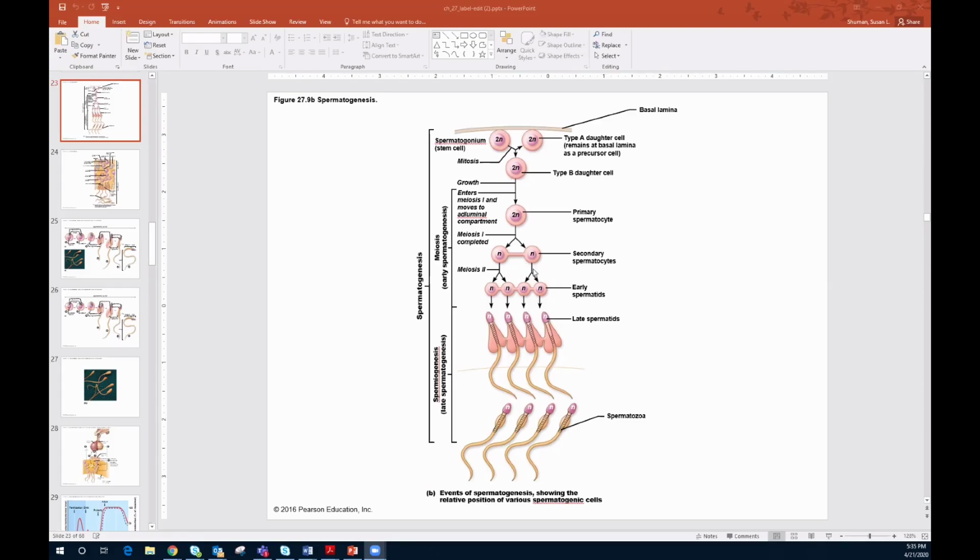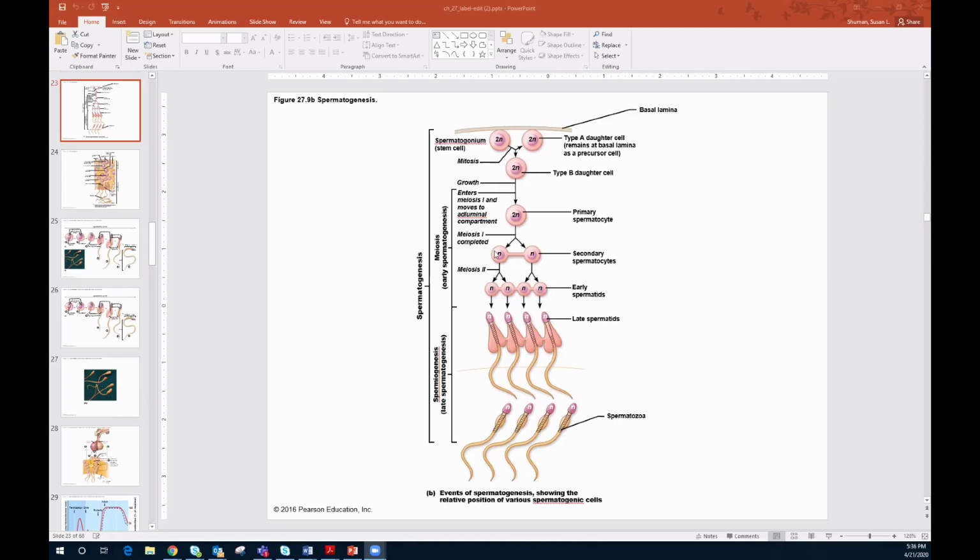When they go through the finish of meiosis two, then I've got my 4 spermatids. That's as many as I get. I'm done. So my secondary spermatocytes and my spermatids are both haploid because they have either mom's or dad's version of every trait, ignoring the recombinant chromosomes that are the result of crossover. But these guys only have one version for every trait.